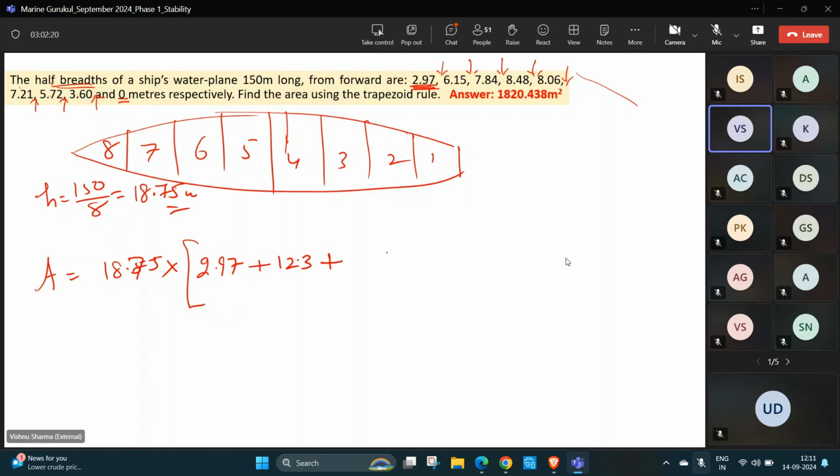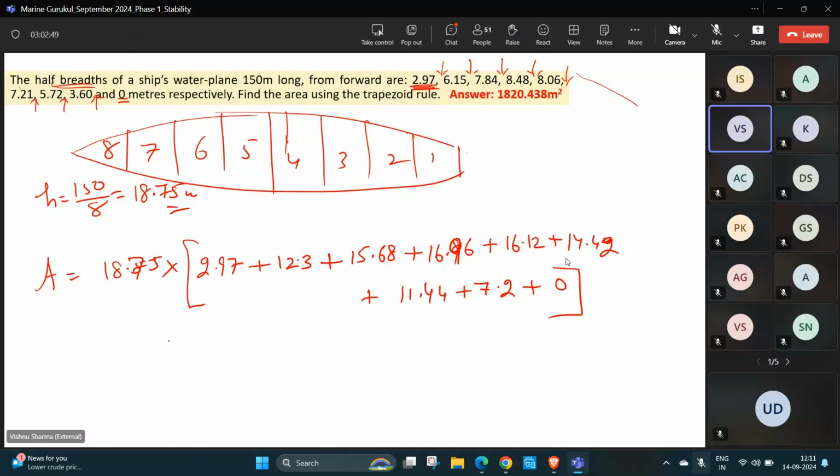Next will become 15.68, next 16.96 plus 16.12 plus 14.42 plus 11.44 plus 7.2 plus half of the last one.